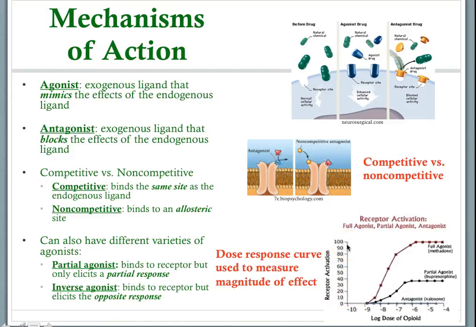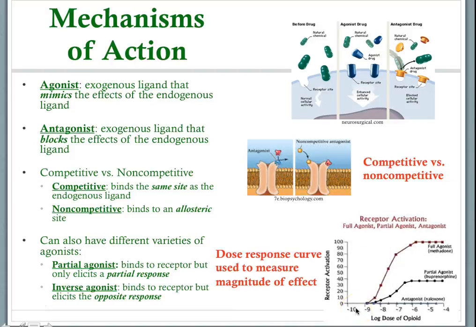There are ways that we can do this. For example, we can grow a bunch of cells in a dish, and we have ways of knowing exactly when all of the receptors are activated, or half of the receptors are activated, etc. And we can measure this in response to different concentrations of a drug.